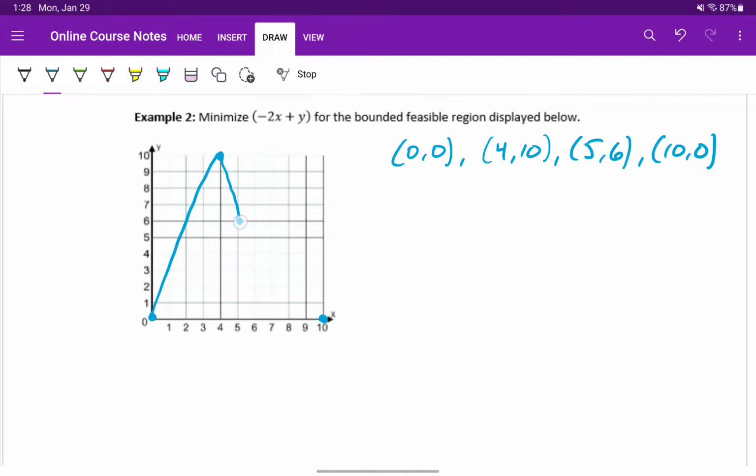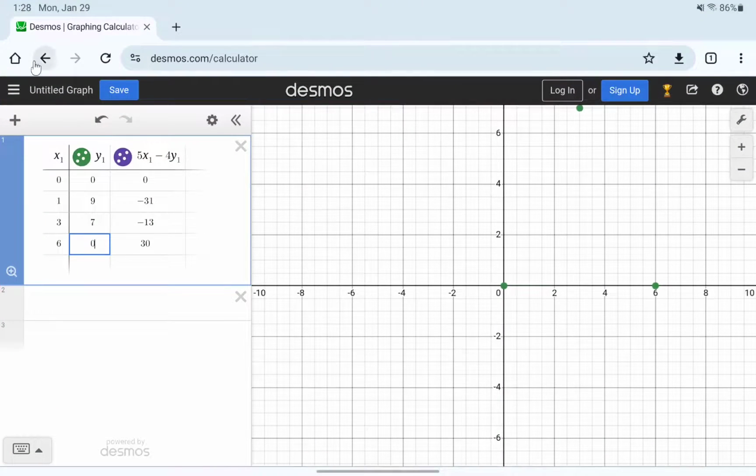And what we're focusing on is just the idea that it's these corner points, those xy pairs that we want to plug into our function to see how we optimize it. In this case, though, notice that we're actually looking to minimize that expression. So our goal is going to be to find the smallest possible value when we plug in these different coordinates.